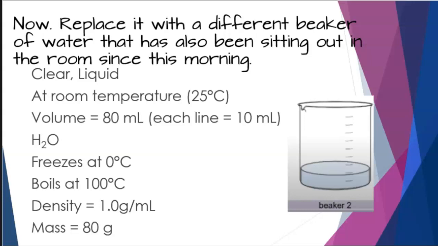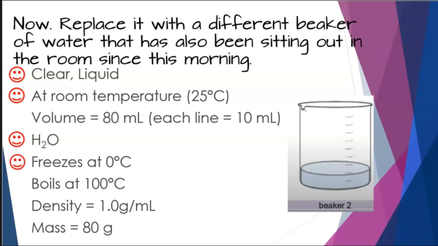So, is it still a clear liquid? Yep, it is. Is it still at room temperature? It's been sitting out since this morning, so yes, it is. Is the volume still at 80 milliliters? No, it's at 1 and almost 2. It's closer to 20 milliliters. Is it still water? Sure is. Does it still, even though there's less of it, freeze at 0 and boil at 100?